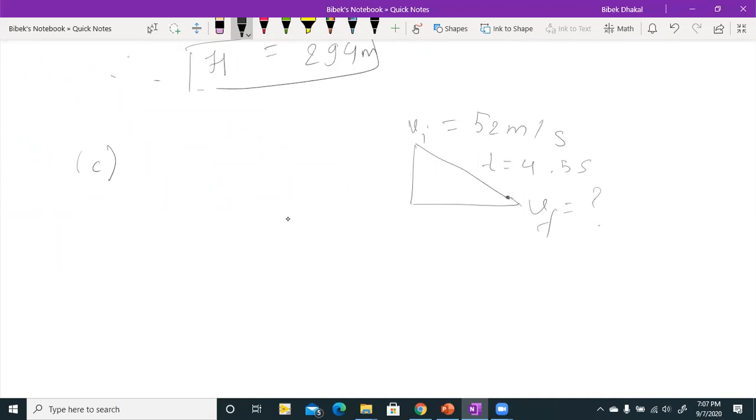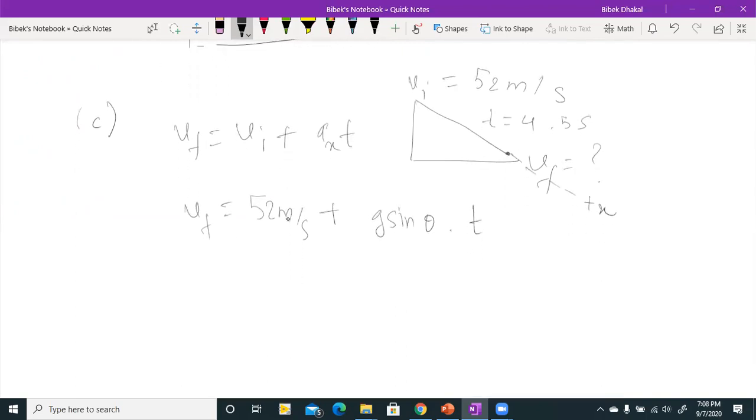So you just need to use the equation of motion, and that is V final is V initial plus the acceleration times t. Since this is positive acceleration, V_f is the initial 52 meters per second plus the acceleration, that is g sine theta, the acceleration with which the car is going downward, times t.